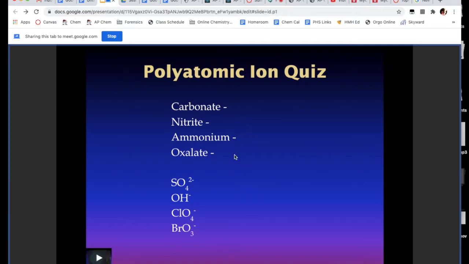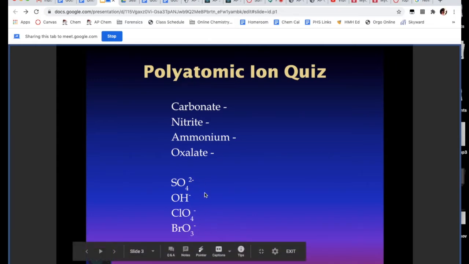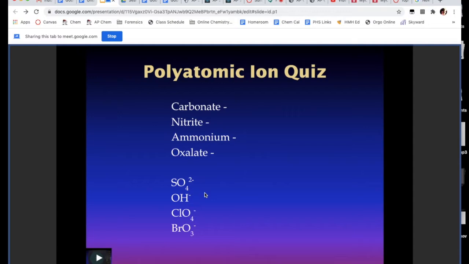Write down 4 formulas and 4 names of some polyatomic ions, okay? Do the best you can. Guess if you have to. See how close you get right now. The worst case scenario, you don't do well, and that's that.